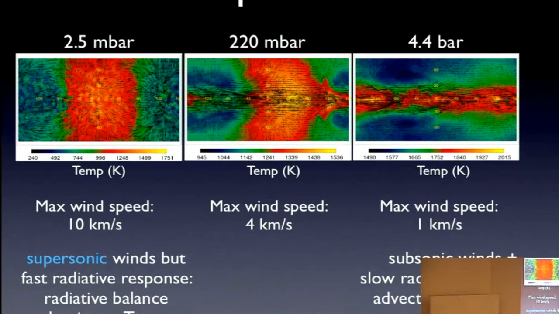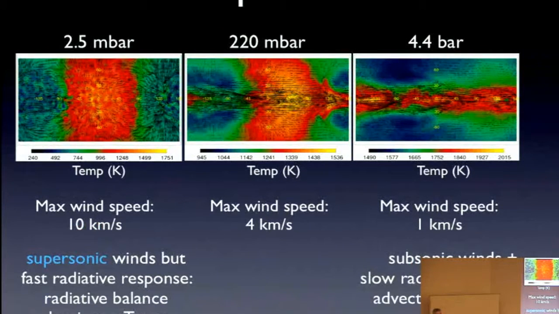So this slide is showing you what's going on at around 100 millibar and deeper in the atmosphere, closer to this inert layer. This is a weather layer. And so look at the temperatures. The central region here is the substellar point. That's where you shine the most. You might notice noise here.